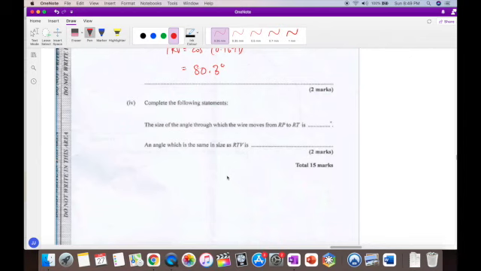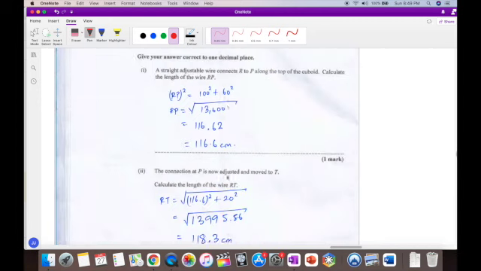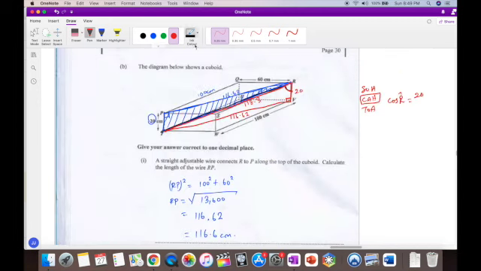Complete the following statement. The size of the angle through which the wire moves from RP to RT is. Right. So if you move the wire going from R to P, and then move the wire to T, it goes through this angle here.